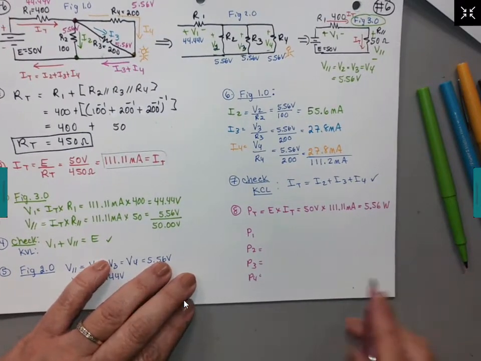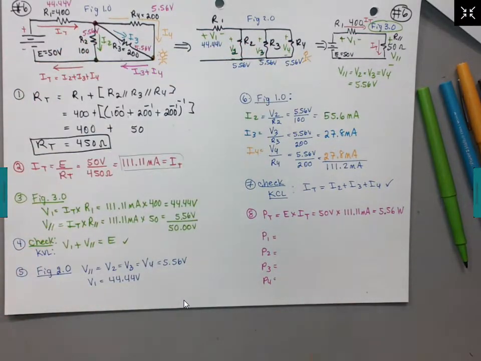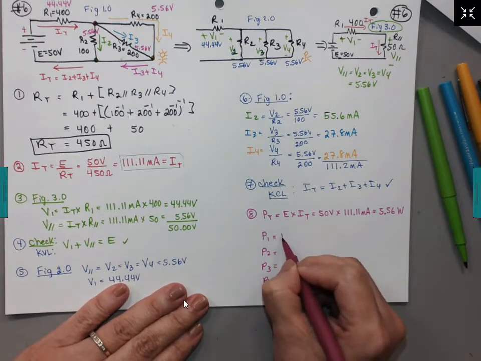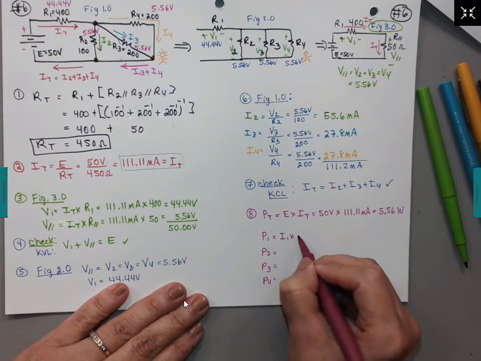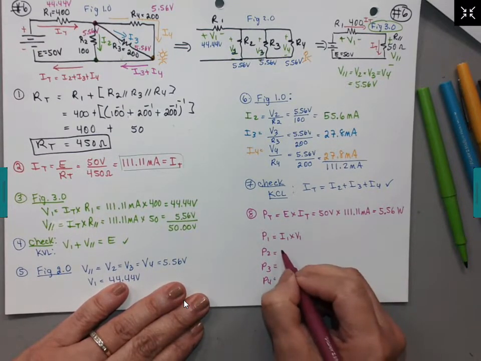All right, so look at this. We have to be careful with P1, P2, P3, and P4. We have to find the current and voltage through each one of them. We're just going to do simple P equals I times V. So I1 times V1 or E1, whatever.